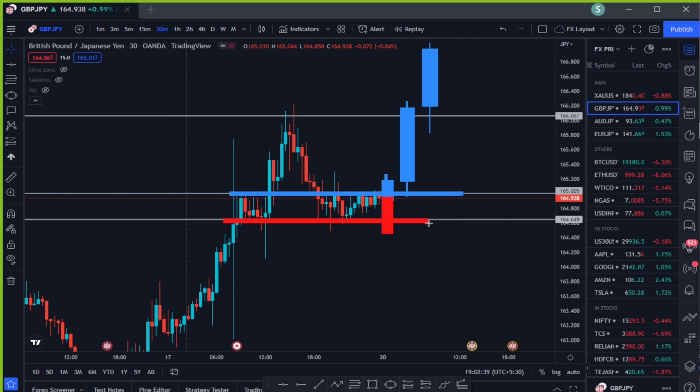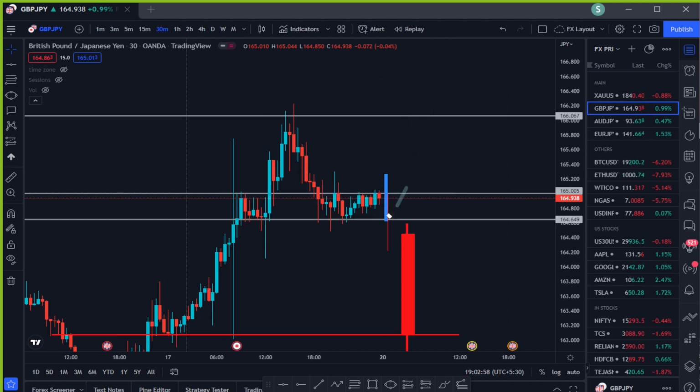I'm talking about the 1 hour and the 30-minute both, because the chart is similar. So if we get a bearish closure like that, we can expect the price to move to the next support, something like this. As we can see, this has been a support area right here, so this is something we are expecting from the price if we get a bearish closure on the 1 hour and the 30-minute on GBPJPY.